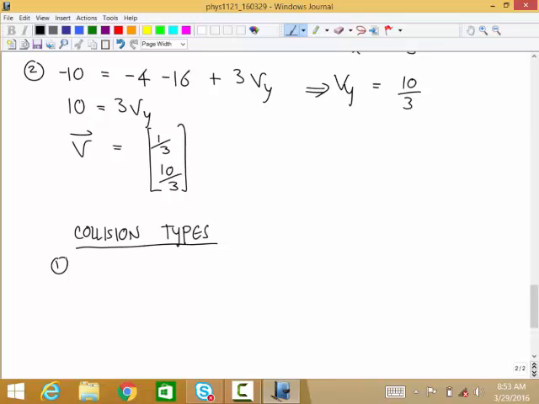We're going to do inelastic collisions, which just means that after the collision, the objects stick together.